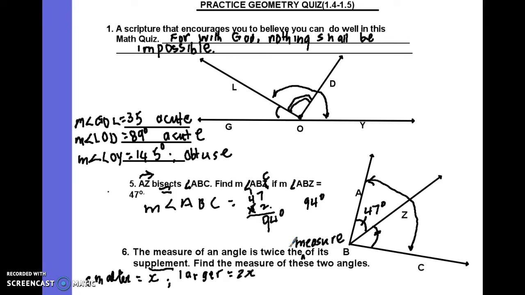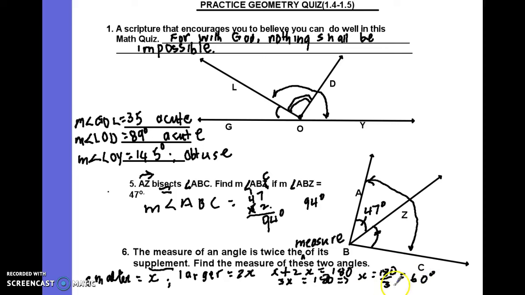Sorry about that. So we have the larger being 2x, the smaller being x. And since we're talking about supplementary angles, you would write x plus 2x equals 180. So x plus 2x is 3x. You divide both sides by 3, and you get x equal to 180 divided by 3. 3 goes into 18, 6. 3 goes into 0, 0.